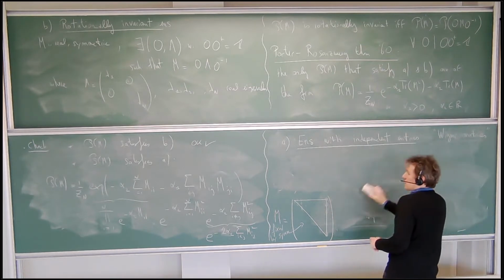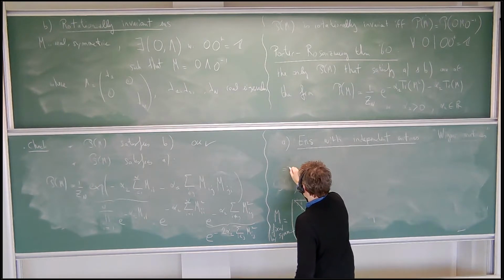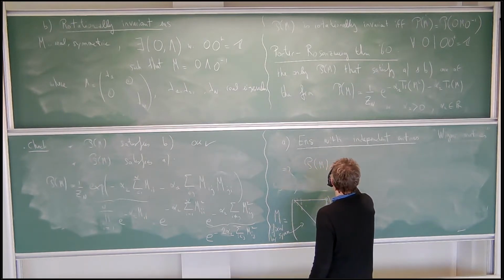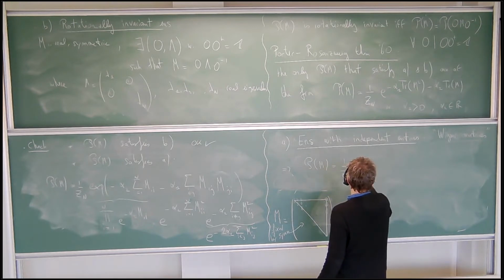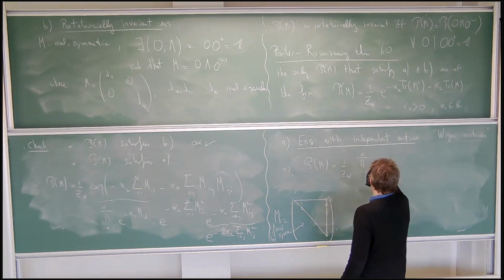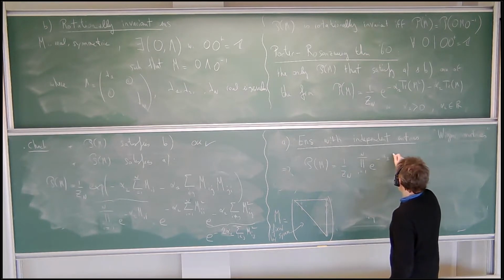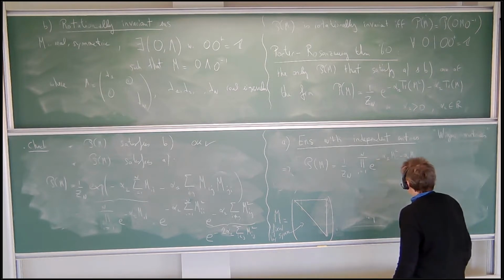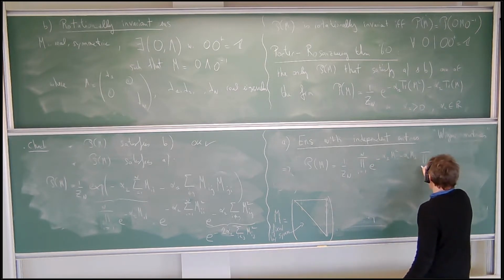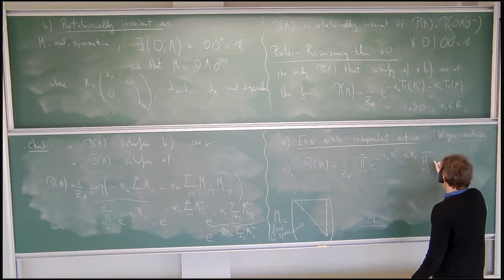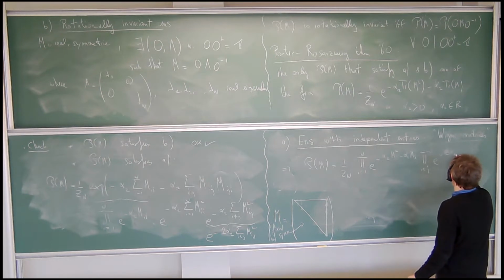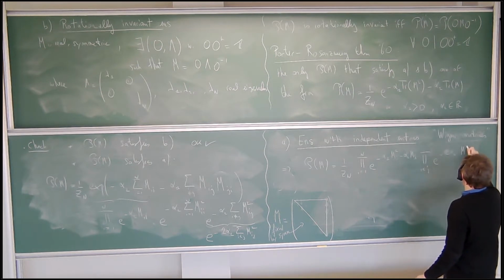P of M is just 1 over Zn, times a product from i equal 1 to n of exponential of minus alpha 1 Mii squared minus alpha 2 Mii, and then a product over i less than j of exponential of minus 2 alpha 1 Mij squared.